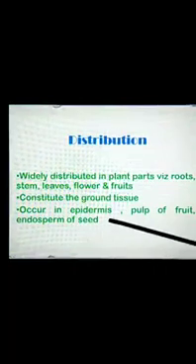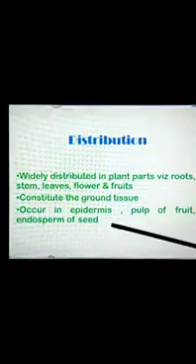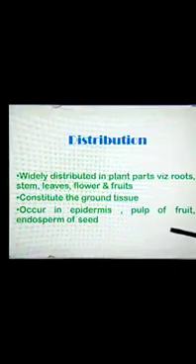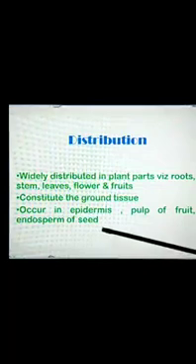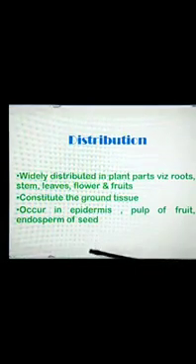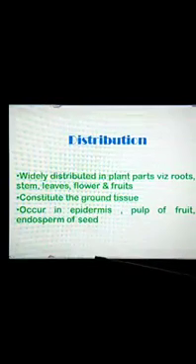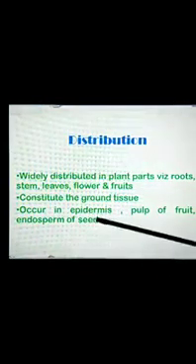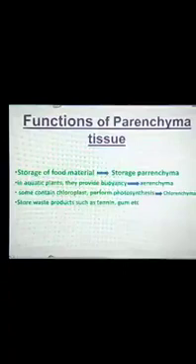They occur in the epidermis, meaning the outer layer of the plant, the skin of a plant. They occur in the pulp of fruit, the juicy part of the fruit, and the endosperm of the seed. Endosperm is the inner layer of the seed which covers the embryo and nourishes the embryo. That also constitutes parenchyma tissue.